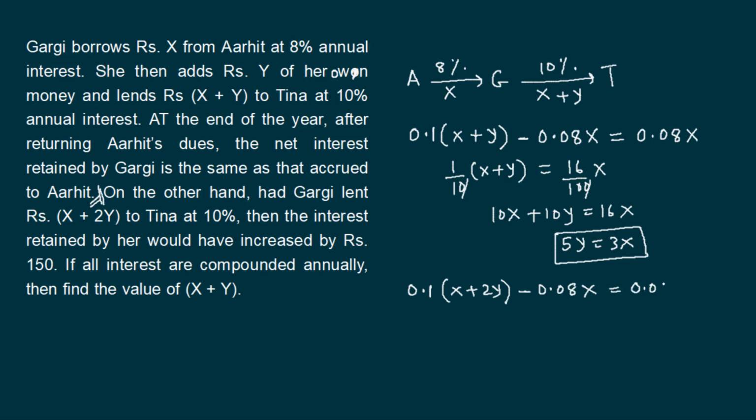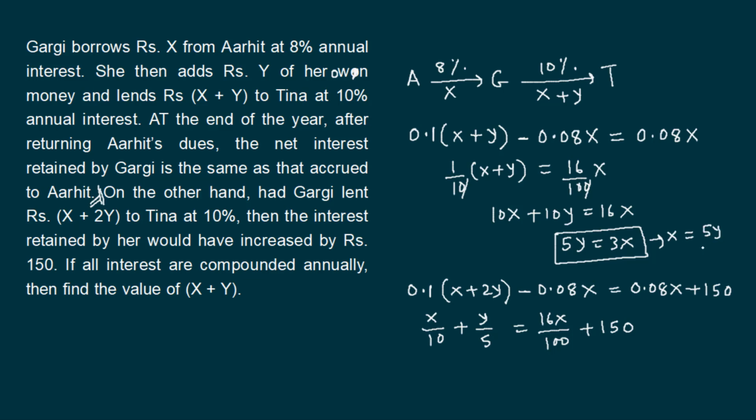So this should be equal to 0.08x plus 150. So x by 10 plus y by 5 equals 16x by 100 plus 150. We are looking for x plus y.